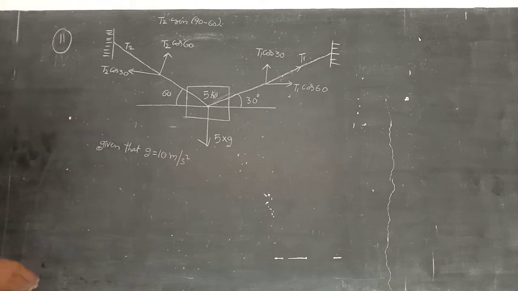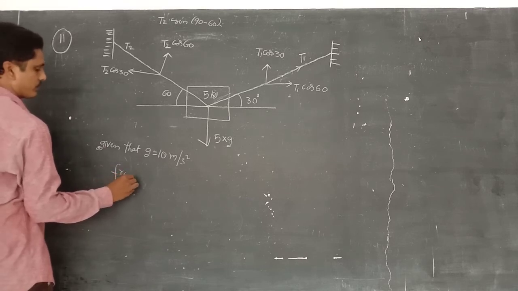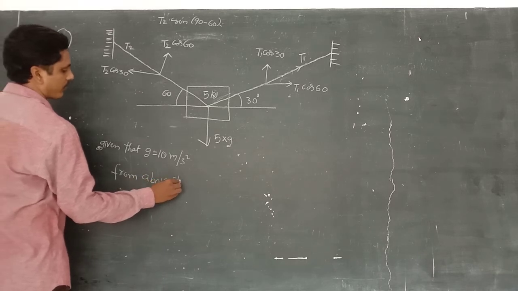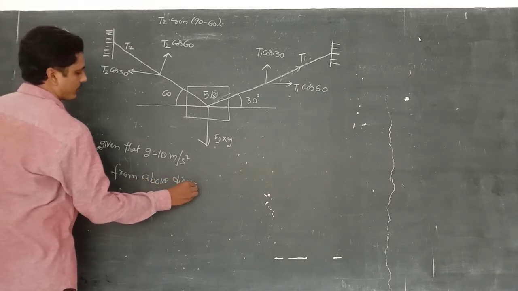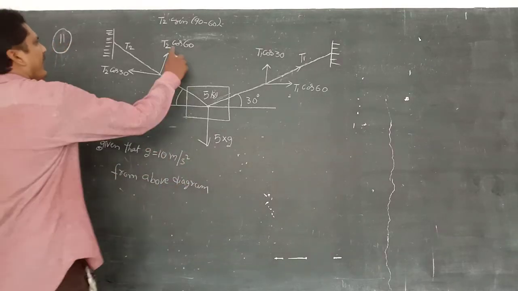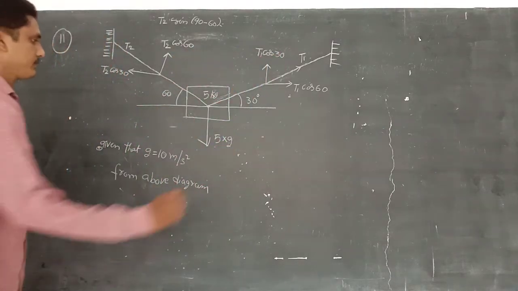From the above diagram, T2 cos 60 plus T1 cos 30 is equal to the weight of the body.